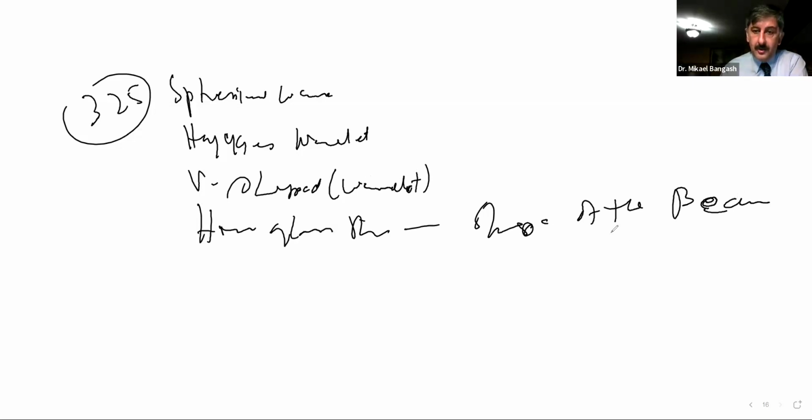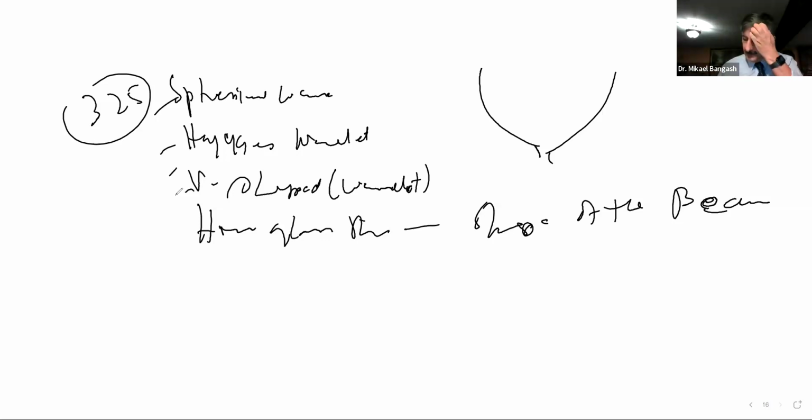The beam is going to have that hourglass appearance due to these wavelets constructively or destructively interfering with one another. If that makes sense.